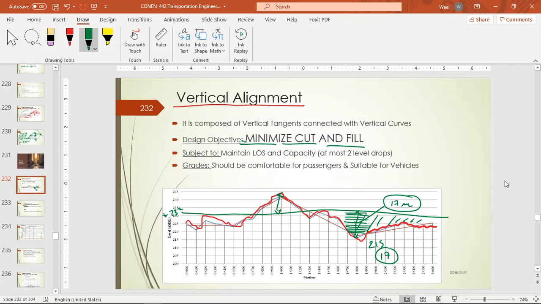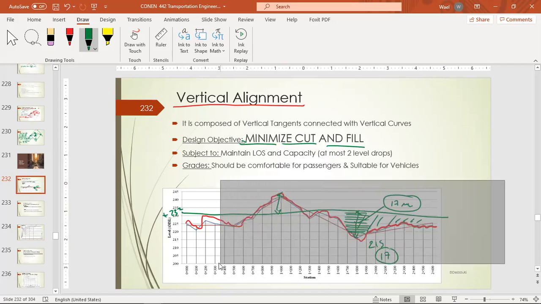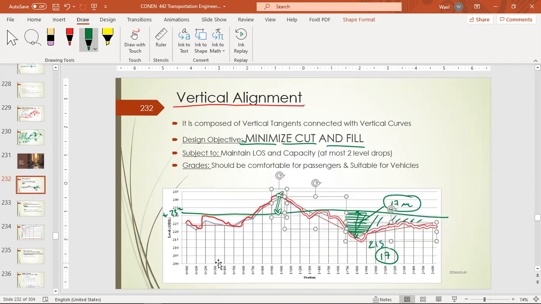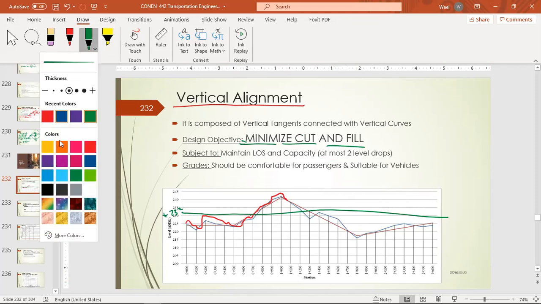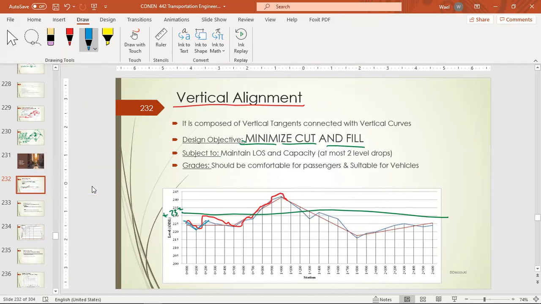So we try to go with a more practical and acceptable way. In order to do that, we try to keep our cut and fill to the minimum, or at the least. So here, for example, we try to do something like this.